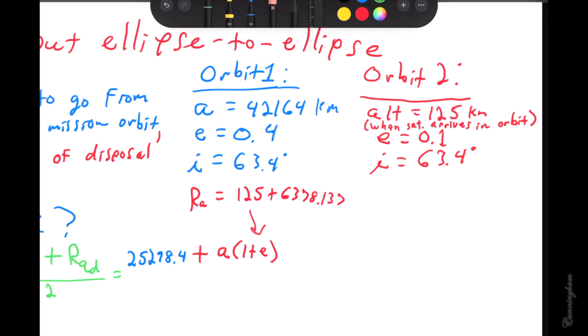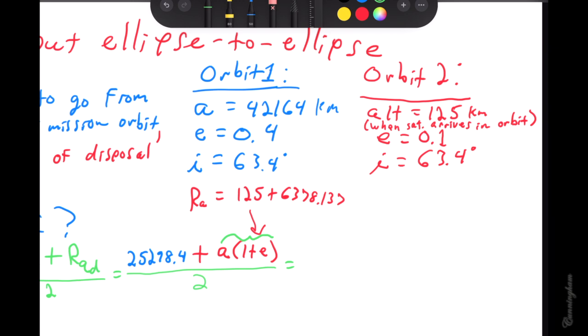All right, back to using green. So what does this come out to be? Let's see. 25,298.4 plus 6378.137 plus 125.